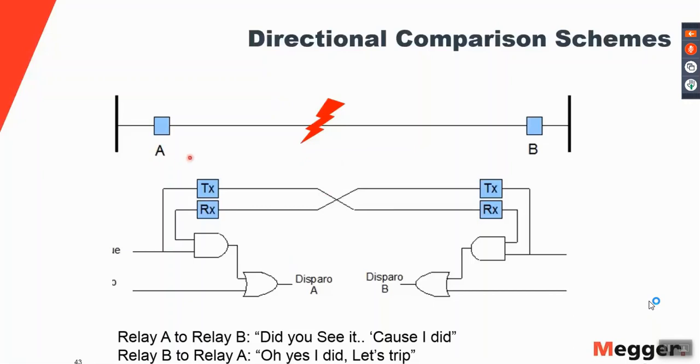So relay A says, hey, did you see the fault? Yeah, I did. Okay, let's trip. Essentially, that's the essence, even though there are many differences between them, and the first one that we're going to see actually doesn't require the permission from the other relay. But essentially what happens in these schemes is that you have relays on both ends of the line, and they're both looking at the same line, and they're trying to make a decision by communicating to each other as to what they saw happening on the line.